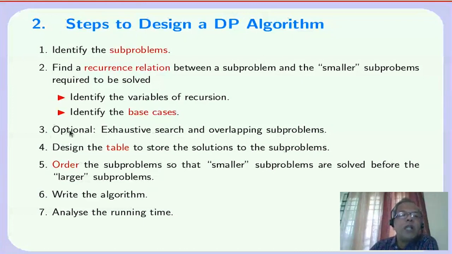Step 3 is optional. After we have identified the subproblems and formalized the recurrence relation between a subproblem and the smaller subproblems on which it depends, it is possible to immediately write an exhaustive search algorithm. It is optional.